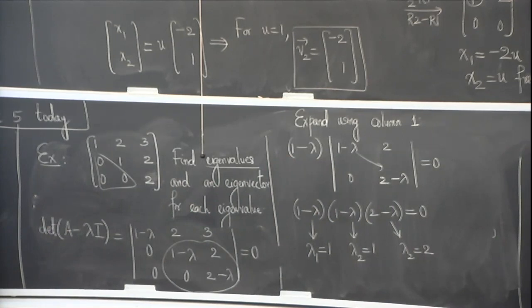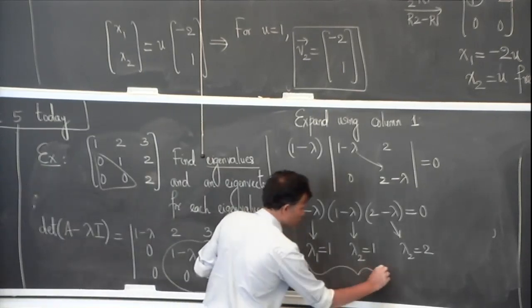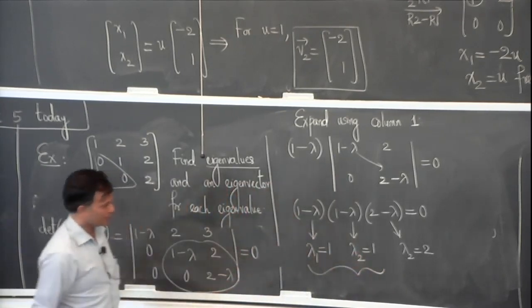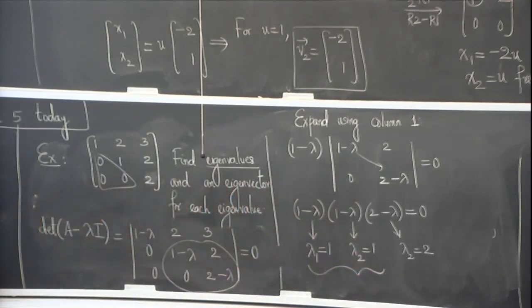Now we need to find an eigenvector for each of these. The good thing about repeated eigenvalues is that you only need to do it once for these two, because it's the same one. So when you have repeated eigenvalues, it saves time because there are fewer eigenvectors to compute.